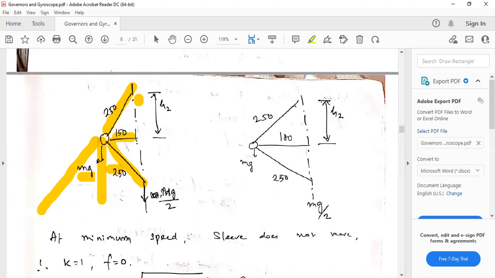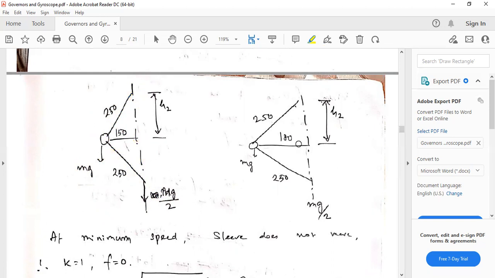So these two are similar triangles, this one and this one, both are similar triangles. Since both are similar triangles, the opposite angles touching each other, these two angles, are the same.